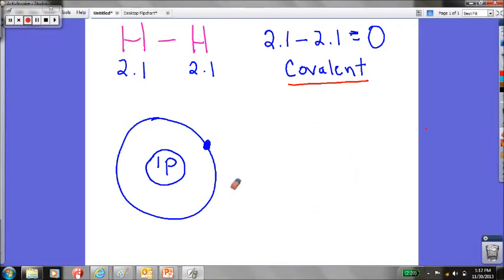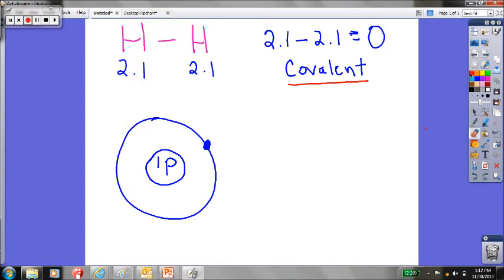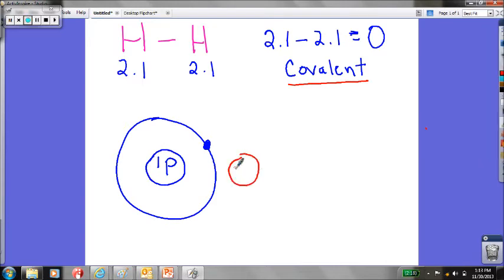It's going to get really, really close to my other hydrogen atom because in order to bond, they actually have to be really close. So I'm looking for my pen here. And now here is the nucleus of my second hydrogen atom. And here is that first shell.